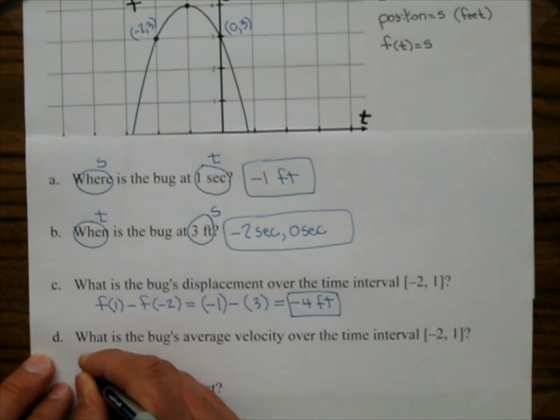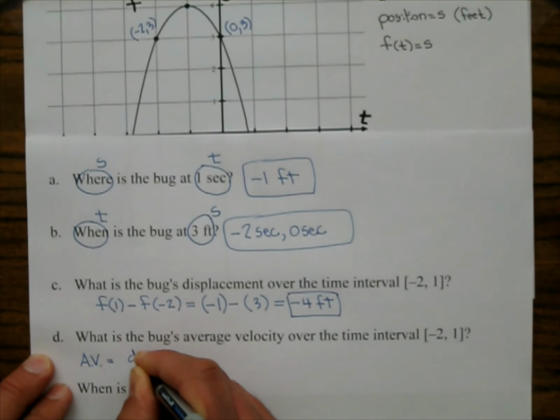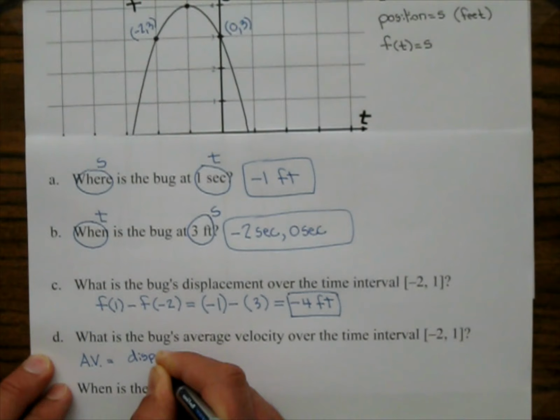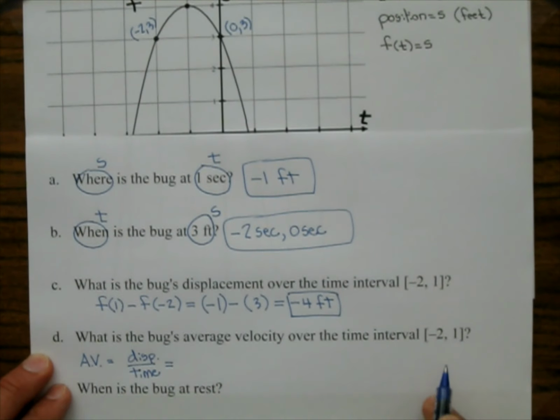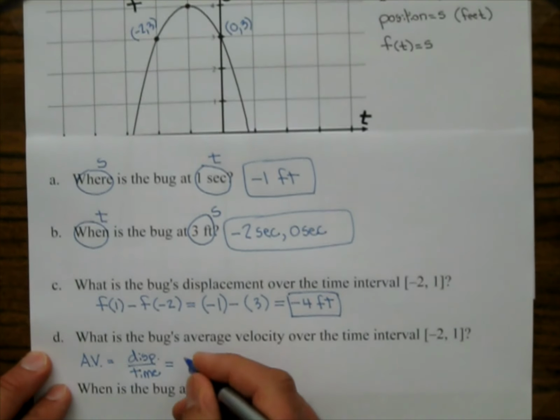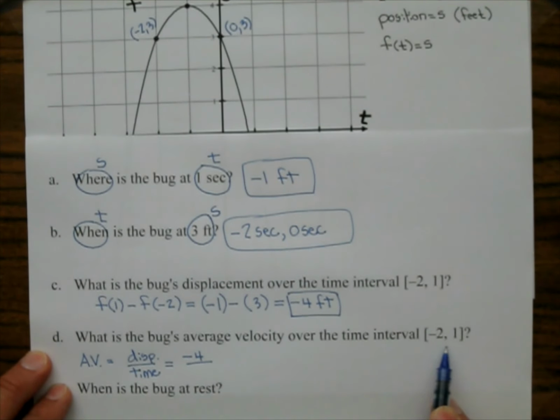Now, the average velocity is really the displacement over the time. And the displacement we found in the last problem, -4, over the time. Well, how much time is in this time interval?